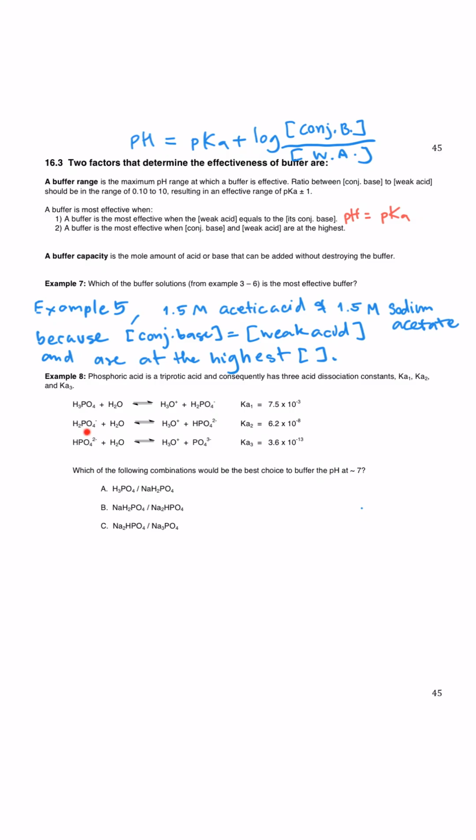And the same goes for the third one as well: as it becomes more negative, it's going to be harder to give off the proton. So that's why the ionization constant will become even smaller. Now, if we look at the acid ionizations compared with the 3 choices that are given, we can see that choice A would match with the first ionization, choice B would match with the second ionization, and choice C would match with the third ionization.